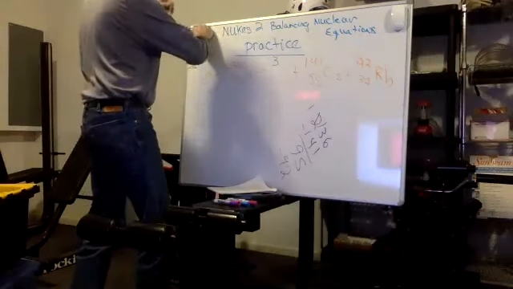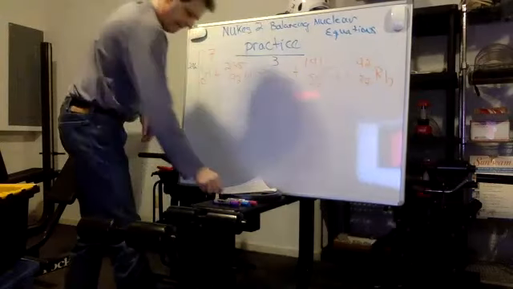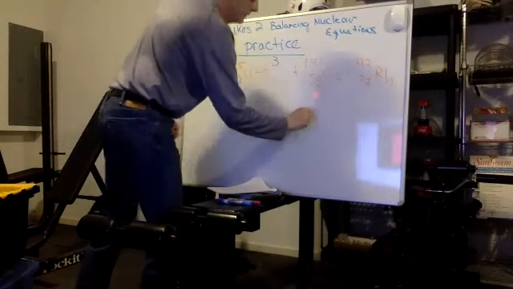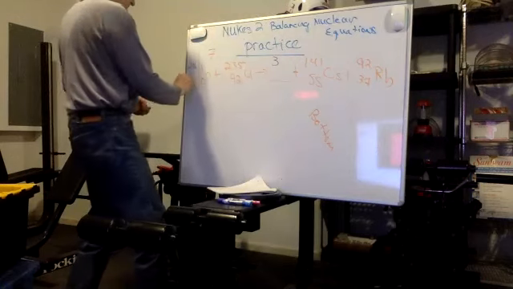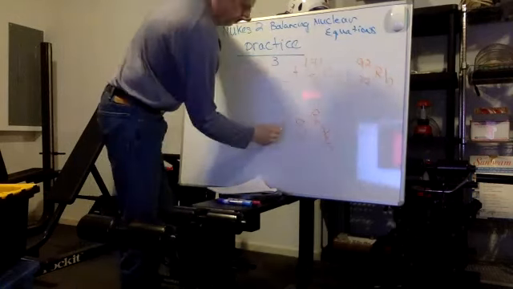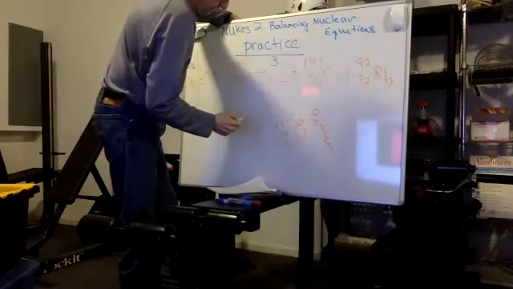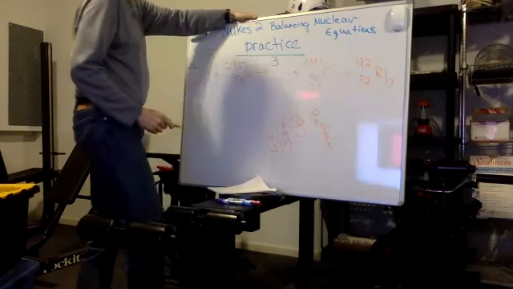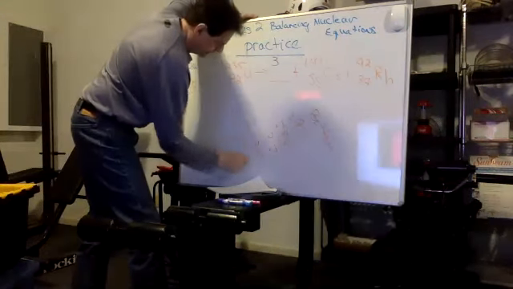And let's do the bottom. We've got 92. So we've got 92 minus 55, 37, and 37 less this 37. It's going to be 0.